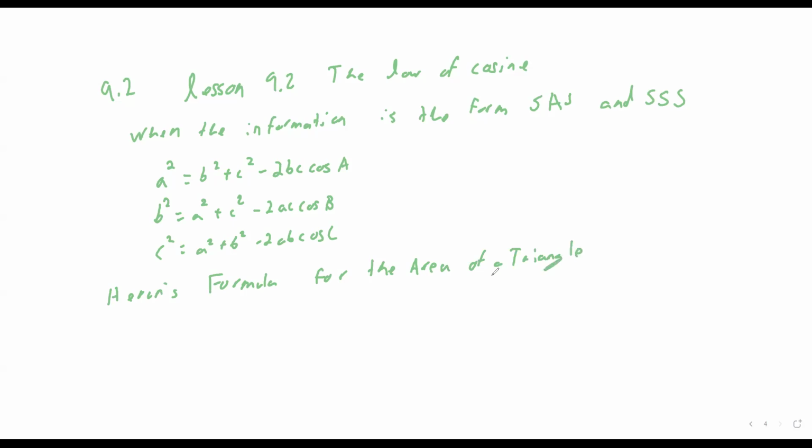This specifically needs to be used only when given three sides, because the very first thing you need to do is determine your S, which will be 1/2 the sum of all the sides added together. Once you've determined your S, you can then use the area formula, which is the square root of S times S minus A times S minus B times S minus C. And then that will give you the area. So this again only works if you have three known sides.